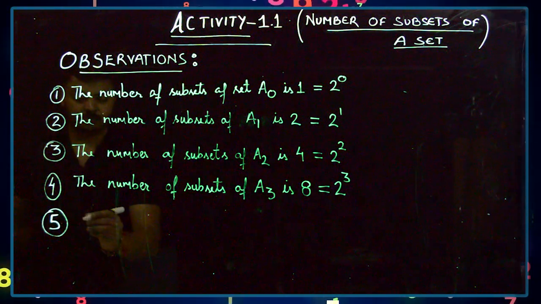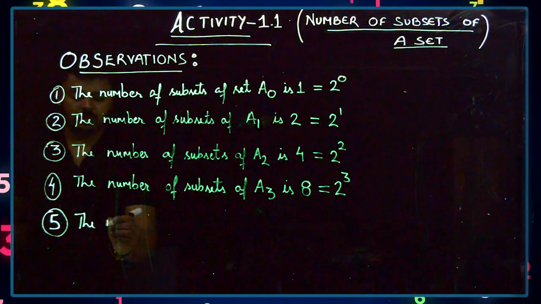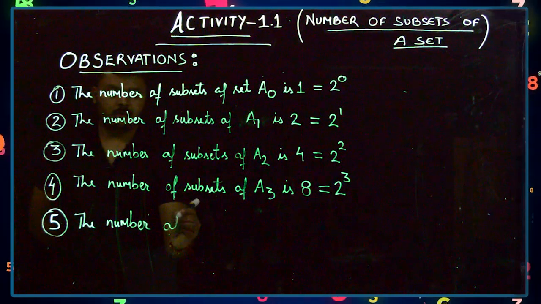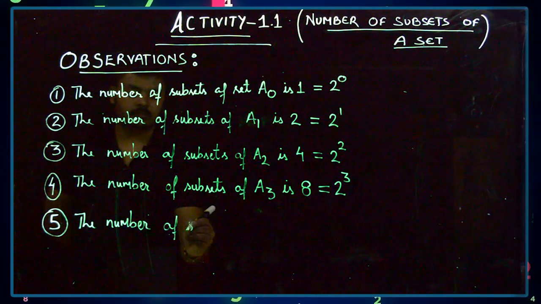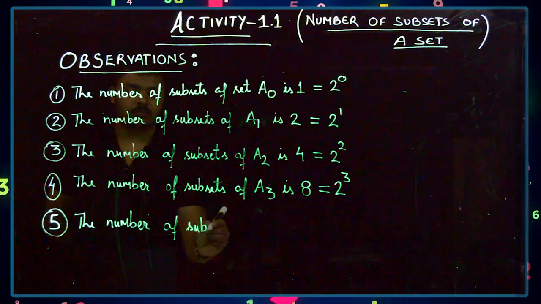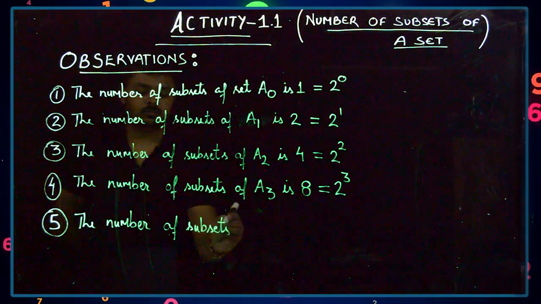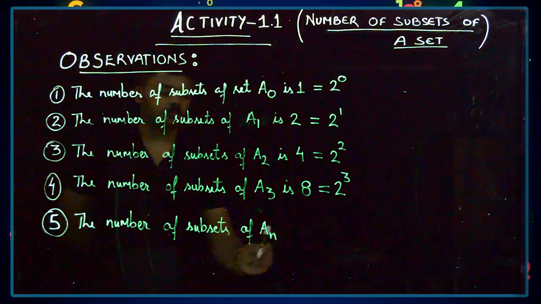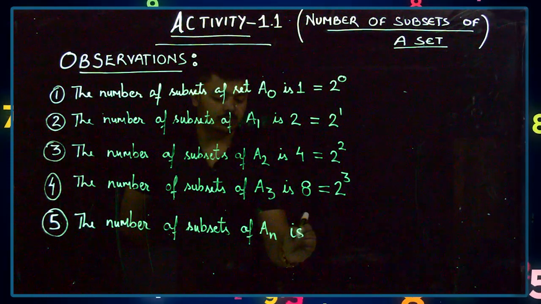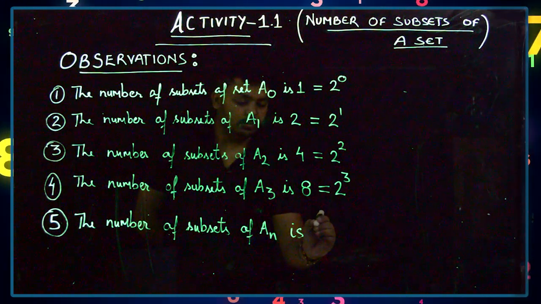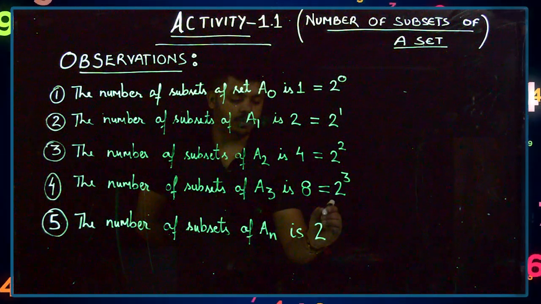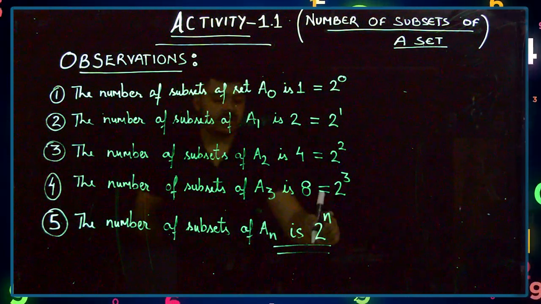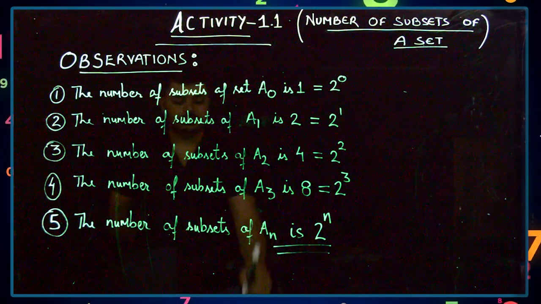Fifth, the number of subsets of An is 2 to the power n, where n is the number of elements in set An.